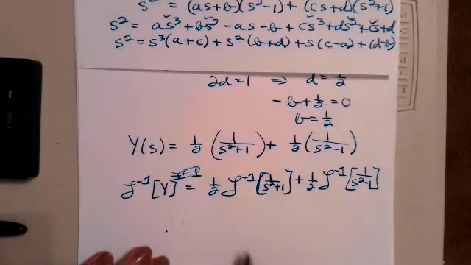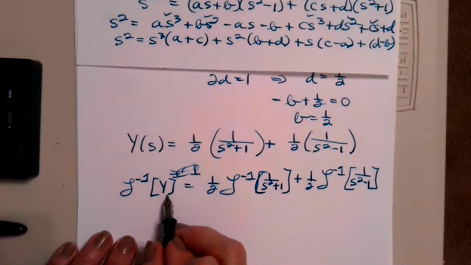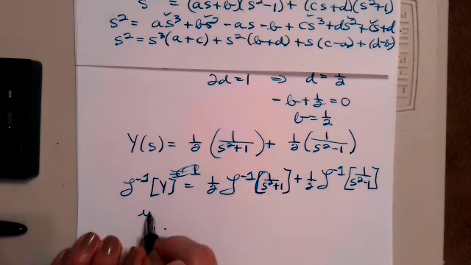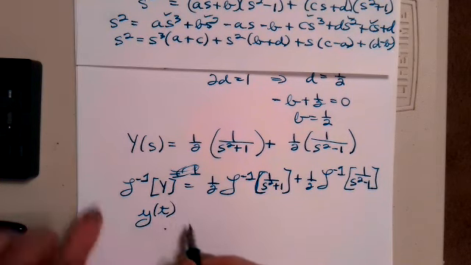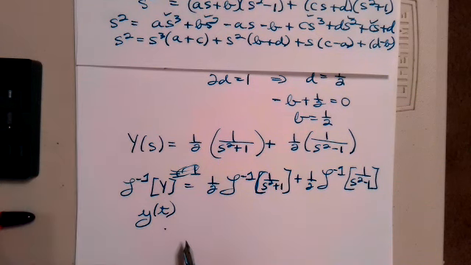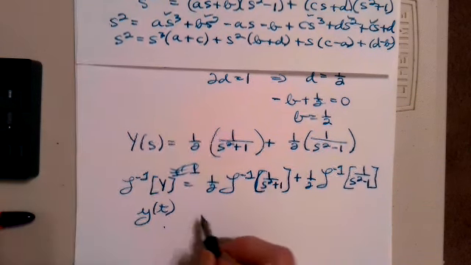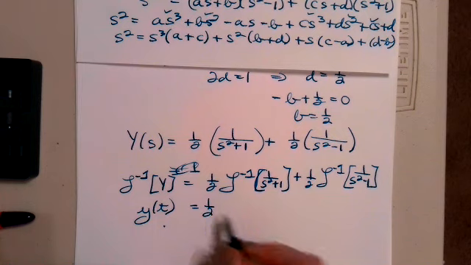Okay. And now the inverse Laplace transform of capital Y brings me back to little y of t, because this means the function whose Laplace transform gives you capital Y.